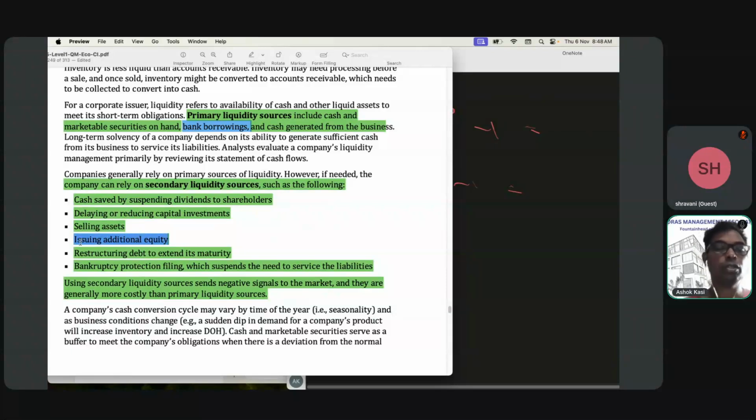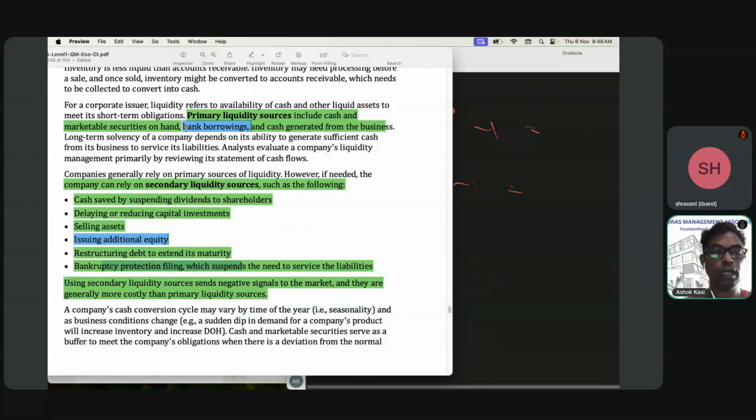Because issuing additional equity means you are diluting ownership, voting power goes away, and the cost will be very high, because cost of equity is the most expensive one. Then restructuring debt, bankruptcy, all these are problems.